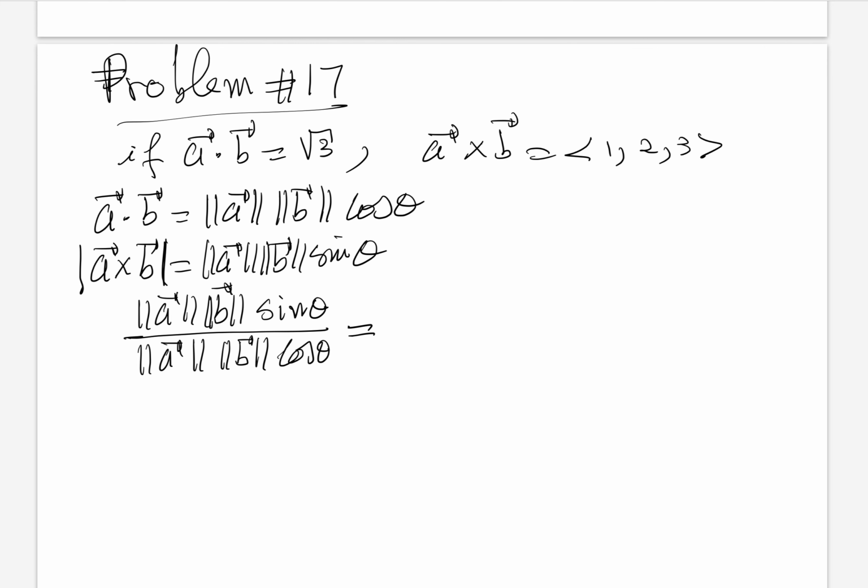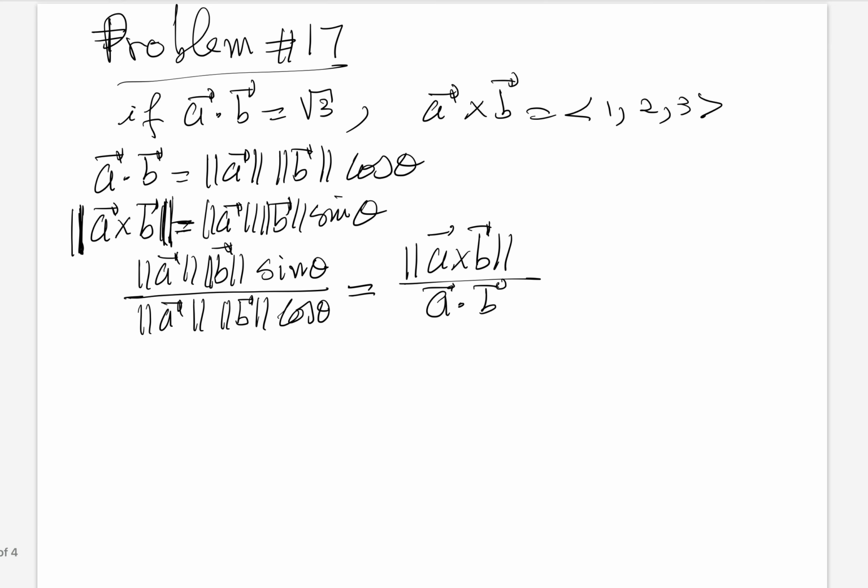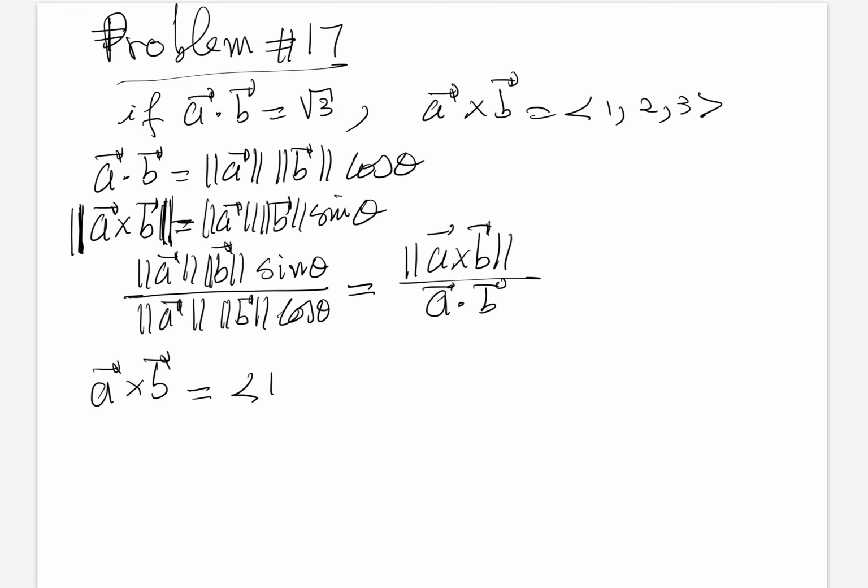Here it has to be the norm. Now this is the norm of the a cross b vector divided by the dot product of a and b. And remember one thing: it is given that the a cross b vector is equal to the vector 1, 2, 2.